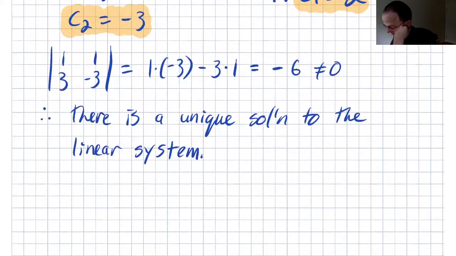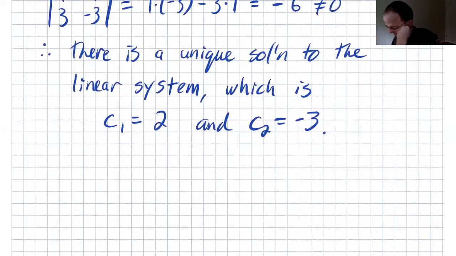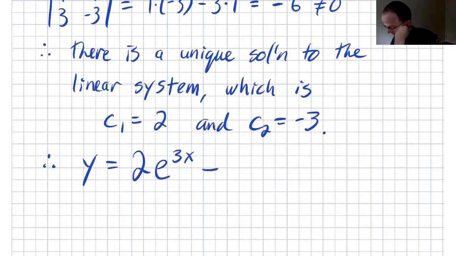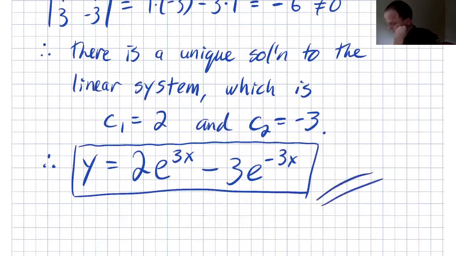So there's a unique solution, which is c1 equals 2 and c2 is equal to negative 3. So therefore, y is equal to 2e to the 3x minus 3e to the negative 3x. So that is the solution to that differential equation that satisfies those two initial conditions.